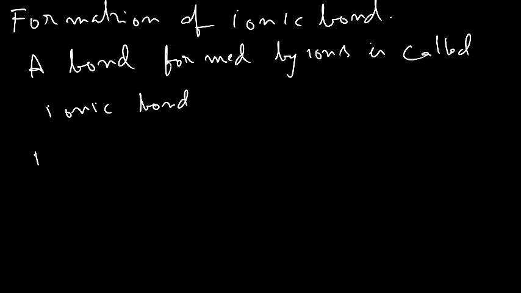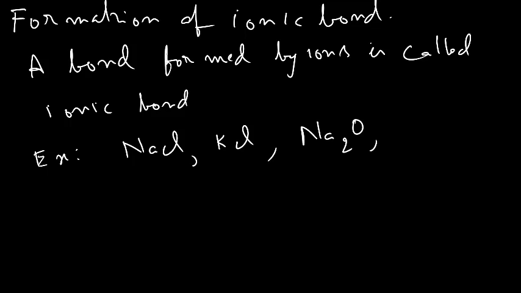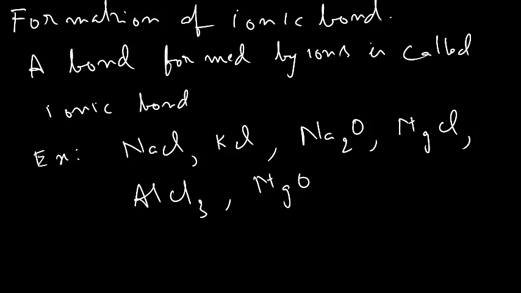Examples of ionic bond: NaCl, sodium chloride, KCl, potassium chloride, sodium oxide, magnesium chloride, aluminum chloride, magnesium oxide. All these are ionic compounds or ionic substances.